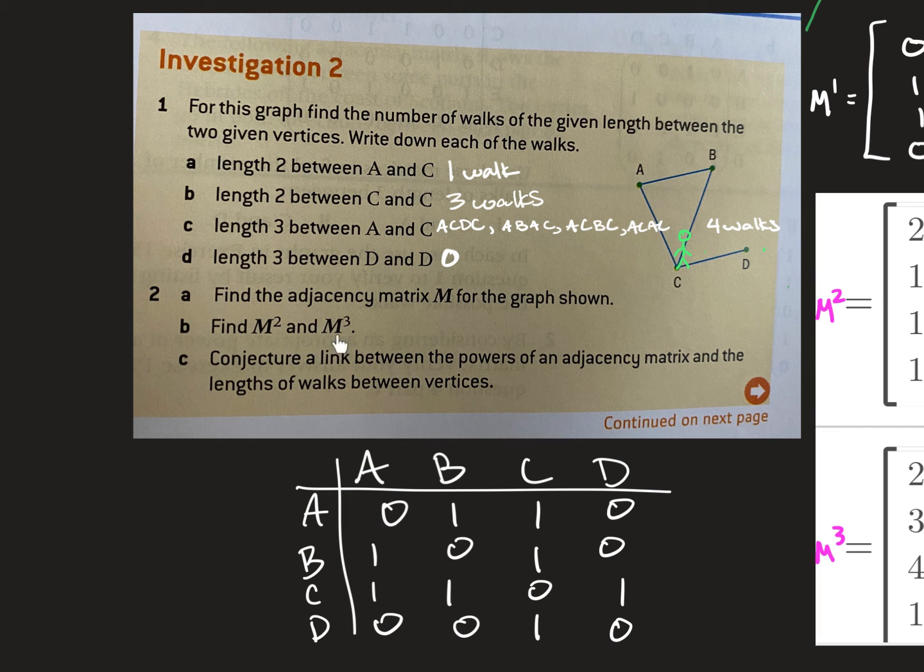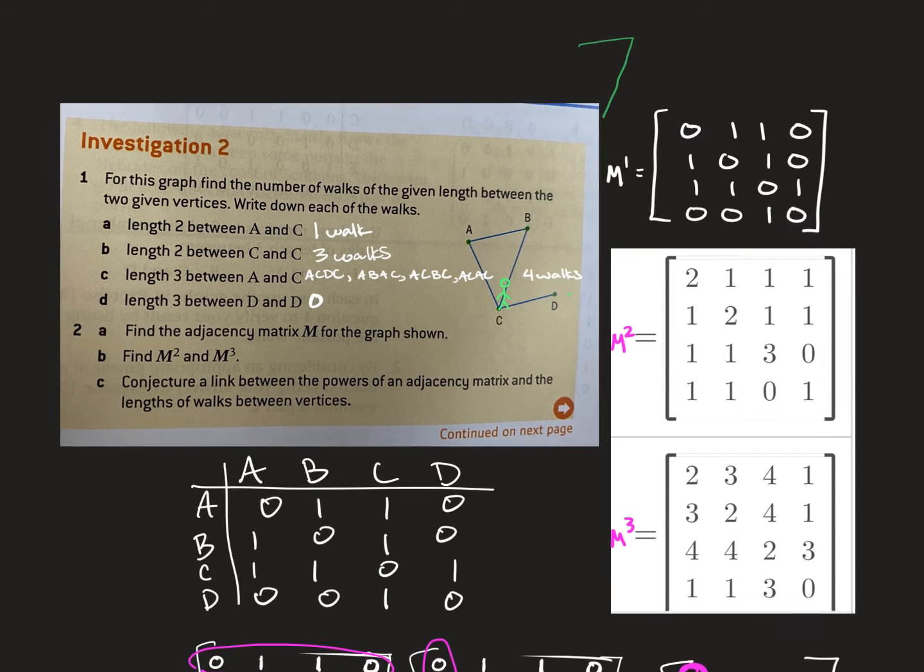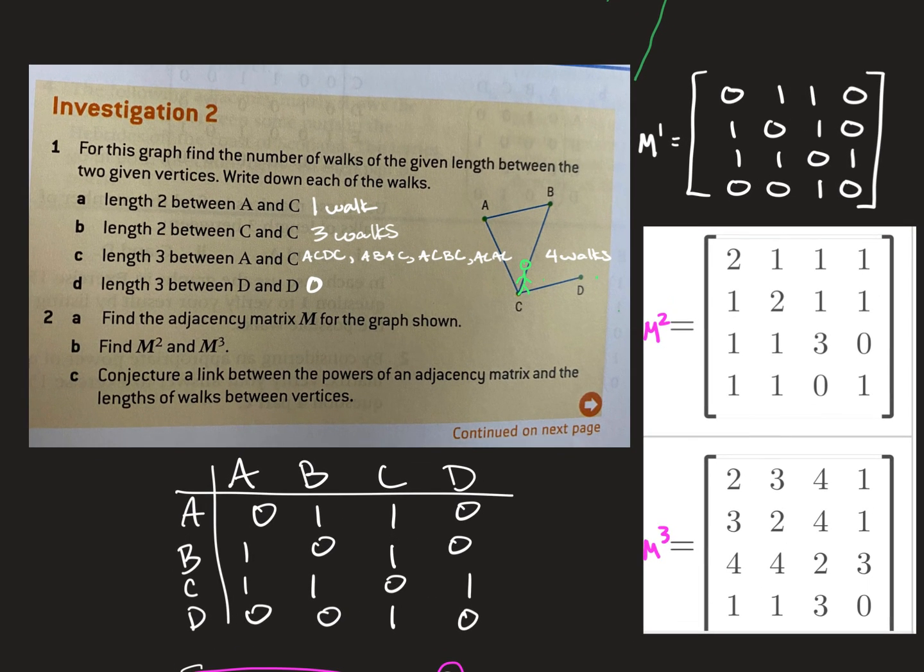And then it asks for the m squared and m cubed. So if this right here is m, and in fact, I have just taken this matrix and rewritten it over here. Here's m squared and here is m cubed. And what I want you to notice is this.